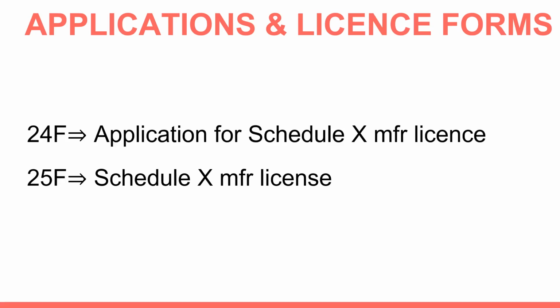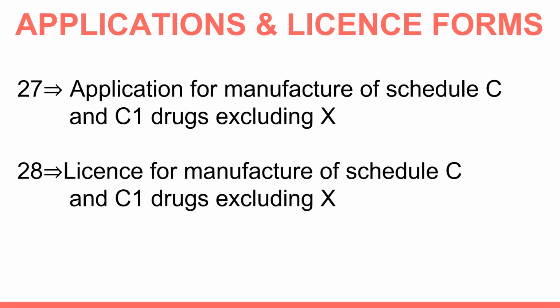Facts starts with the letter F and ends with the letter X. That is, F is for Schedule X. If it is 24F, that is the Schedule X application form. And if it is 25F, then it will be the license issuing form to manufacture Schedule X drugs.